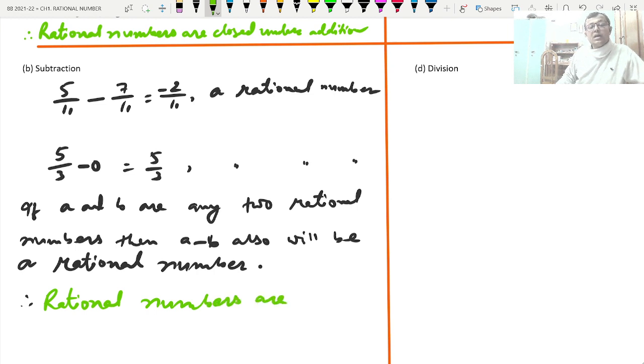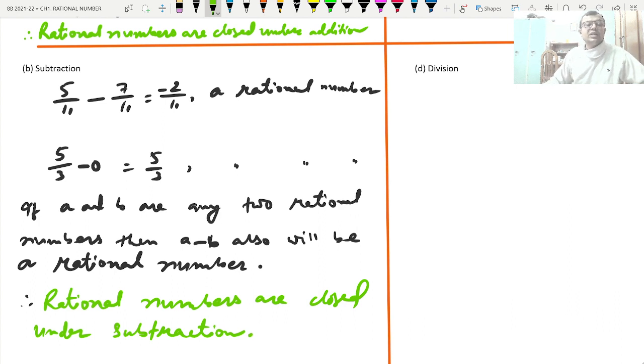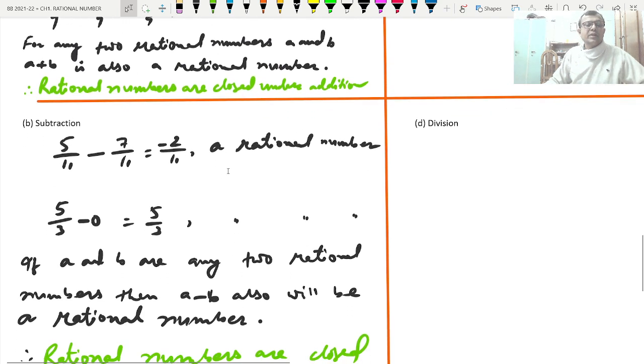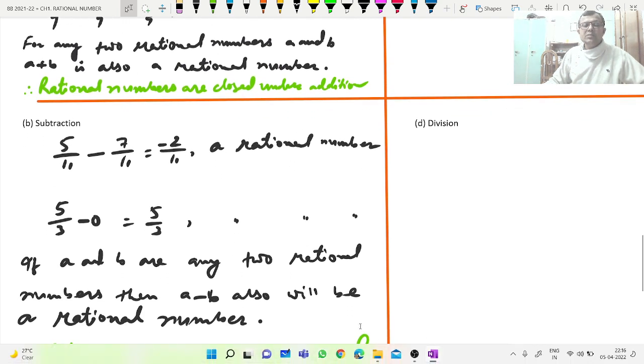Therefore, rational numbers are closed under subtraction. You understood? If you take any two rational numbers and subtract, the answer will be a rational number again. Hence, rational numbers are closed under subtraction.